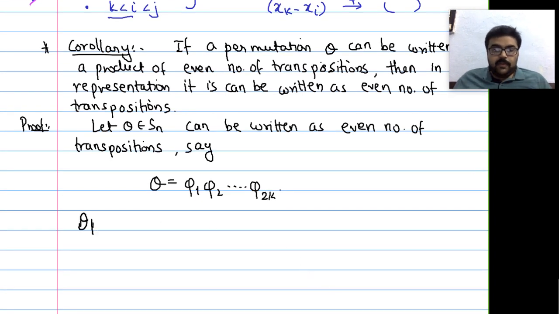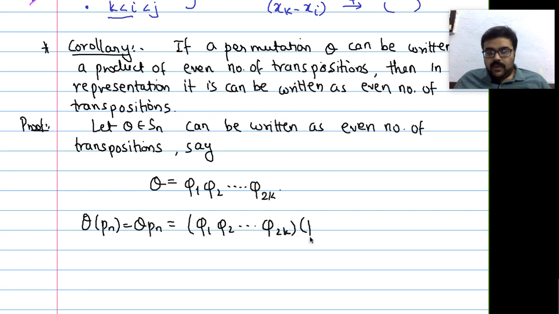Theta of Pn is phi 1, phi 2, phi 2k applied to Pn. So first phi 2k of Pn is applied.